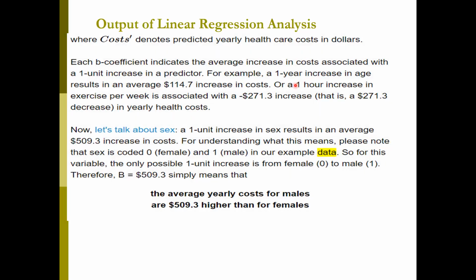We say that a 1 hour increase in exercise per week, because exercise was measured in hours, is associated with, what was the sign? A negative 271.3 increase. Once you bring the negative, you can use the word increase.